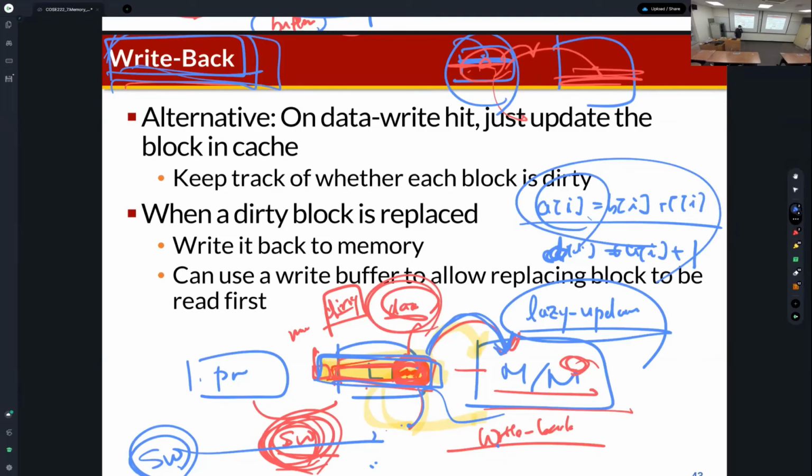We believe the data in the cache is the same as the data in the memory. But because of the write back policy, the data in the cache can be different from the data in the main memory. That is the issue of the write back policy. But most commodity CPUs employ the write back policy.